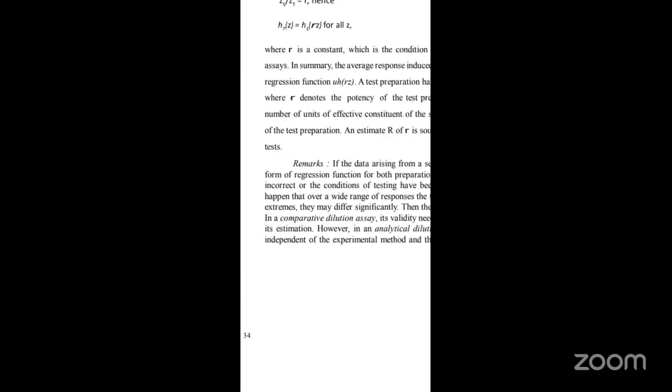A test preparation has a dose response regression function u equal to h of Rz, where R denotes the potency of the test preparation relative to the standard, namely the number of units of effective constituent of the standard preparation equivalent to 1 unit dose of the test preparation.